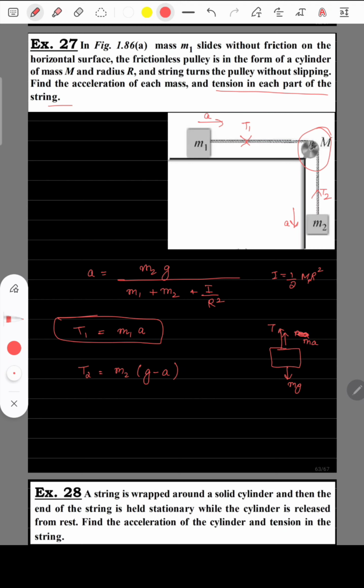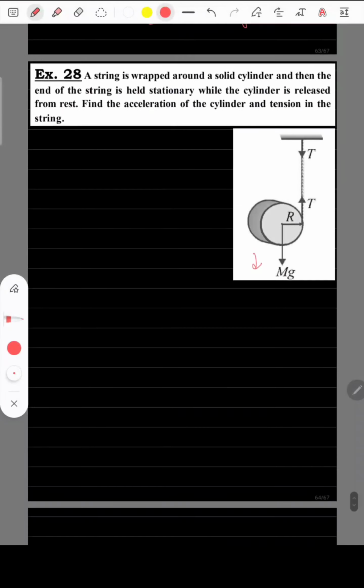So what we can write, T plus m2a equal to m2g, T equal to m2g minus m2a, hence m2 into g minus a. Same thing. So T2 can be found like this. Now moving to the next question.